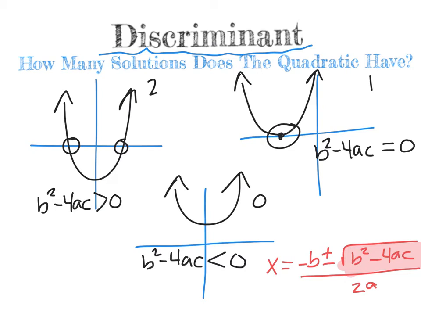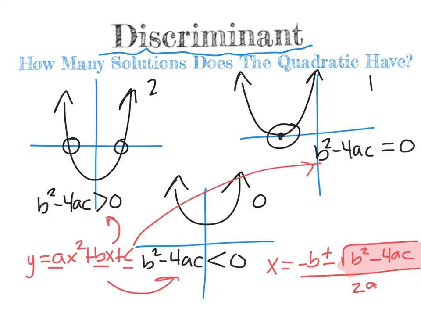So how do you figure out this b squared minus 4ac? Well, you have to make sure you first find your standard form. Identify a, b, and c in your equation, plug it into the formula, and then whatever number you get: if you get a positive number, you know you're going to have two solutions.